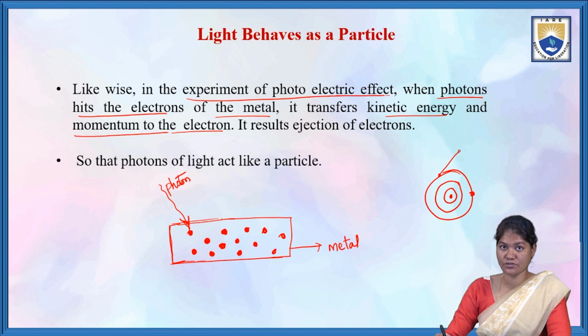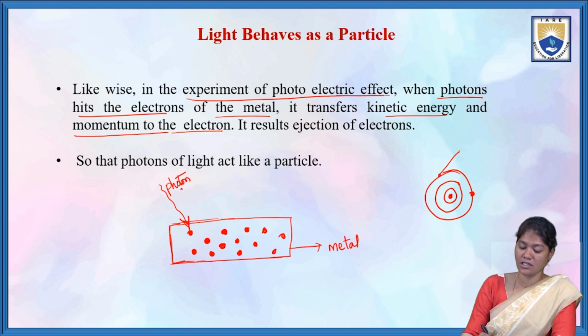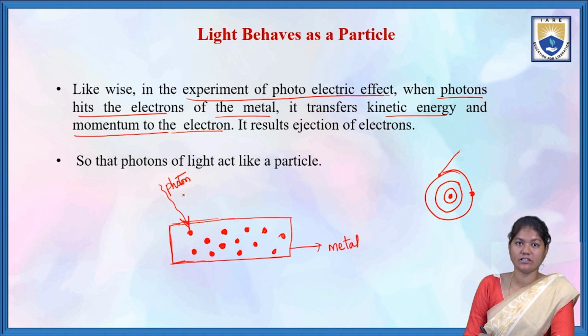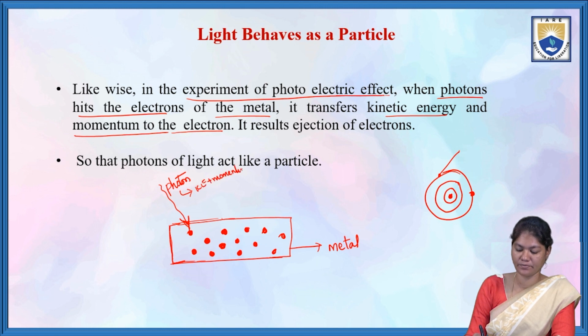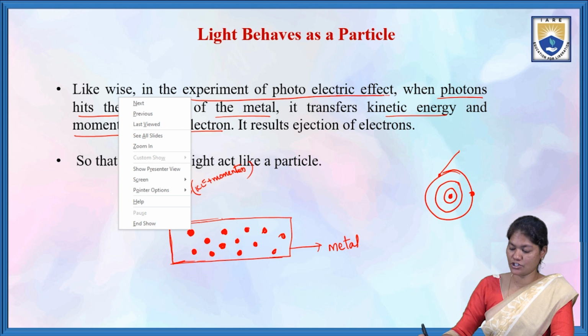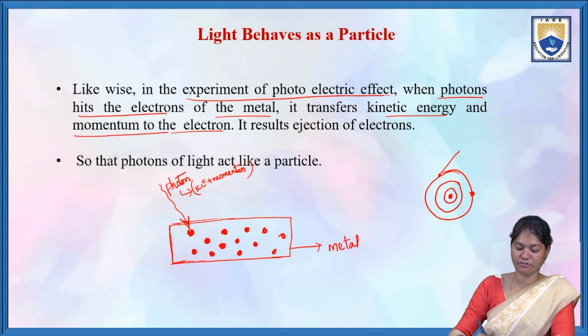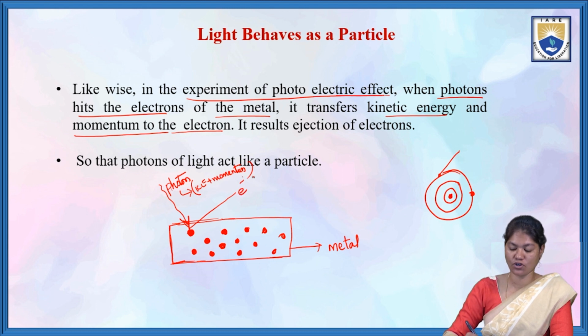How do they get detached from this atom? It is because the kinetic energy and momentum of this photon are transferred to this electron, so that the electron gains energy from the photon and is ejected.